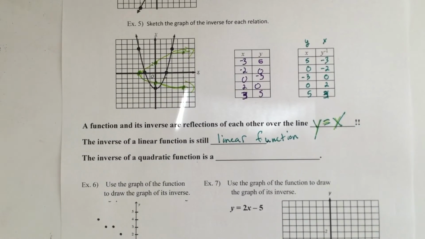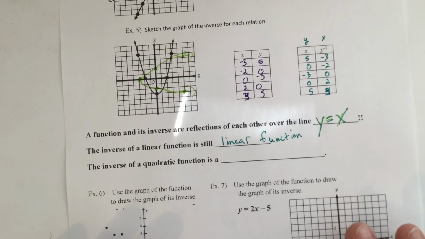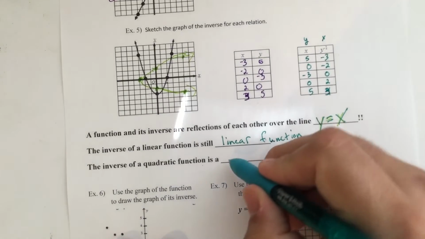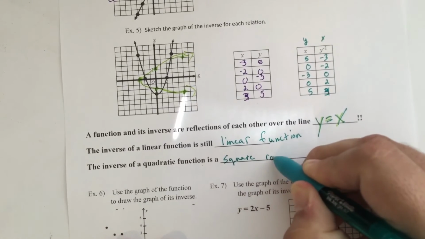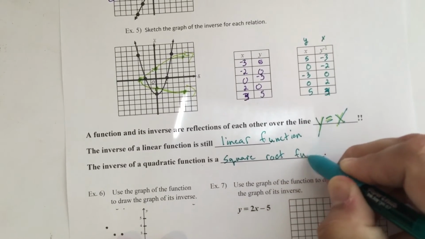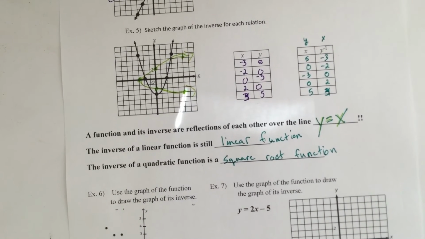The inverse of a quadratic function, that's x squared, is what we call a square root function. Okay, that should make sense, I think.